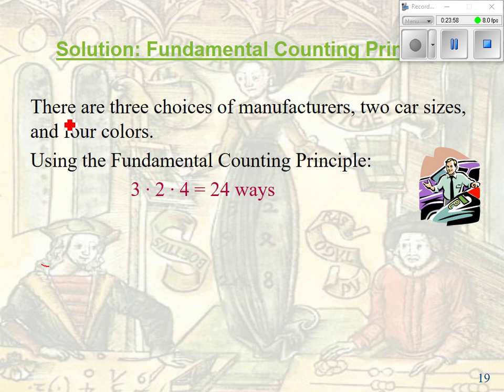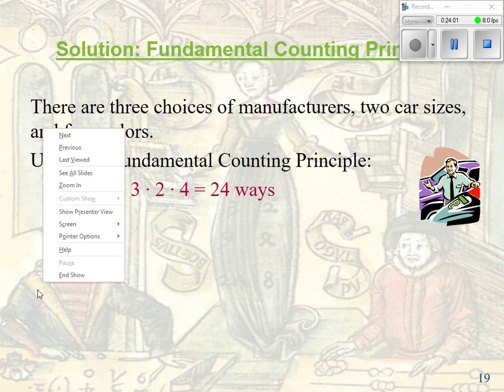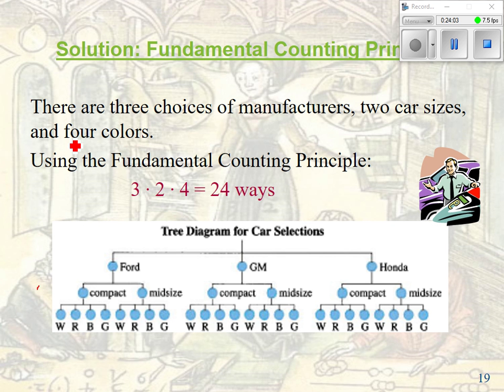All right, so 24 is what we came up with. If we made a tree diagram for it, this is what the tree diagram would look like. It's too much to do.